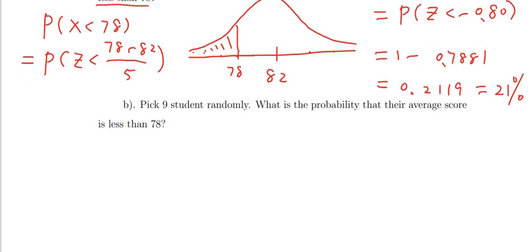Now let's check another problem. If we pick 9 students, we want to find the probability that their average score is less than 78. This time we are talking about the average of those 9 students.